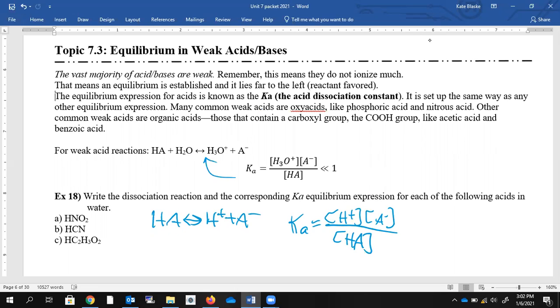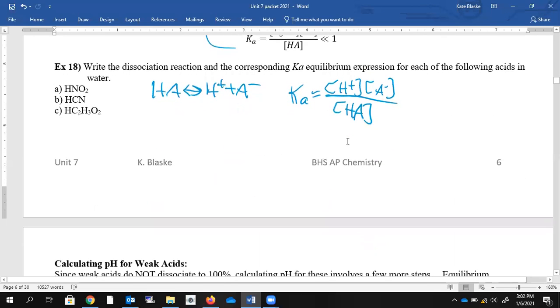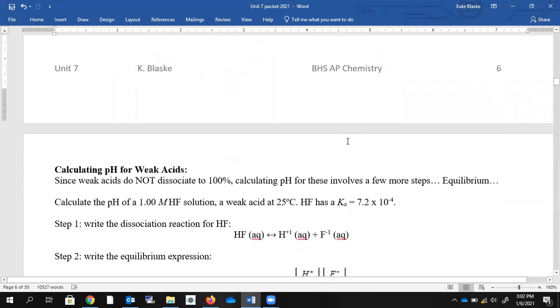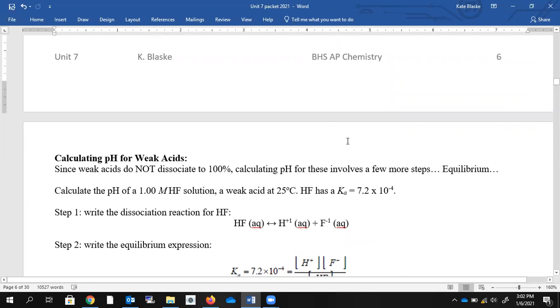But in either case, the water does not show up in that equilibrium expression because pure solids and pure liquids don't show up in equilibrium. Knowing that information, we can either solve for a value for K, just like we did with equilibrium last unit, or if we know K, we can solve for the concentrations at equilibrium of any of the substances in that reaction. This is how we're going to get to the pH of weak acids.